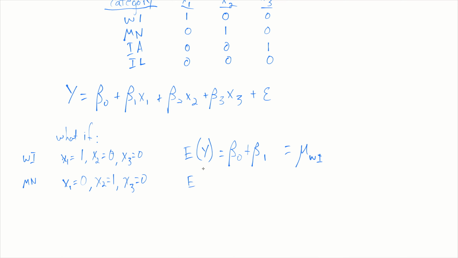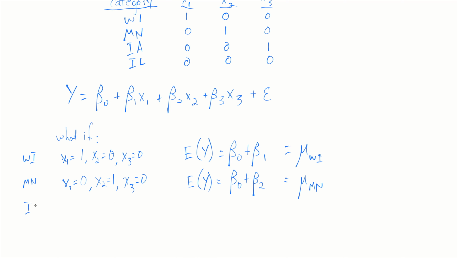And so the expectation of these y's would be beta naught plus, so beta 1 goes away because it's being multiplied by 0. Beta 2 is included because it's being multiplied by 1. And beta 3 goes away because it's being multiplied by 0. And as before, the epsilons go away because we're dealing with the expectation. And so this would be the mean of Minnesota.